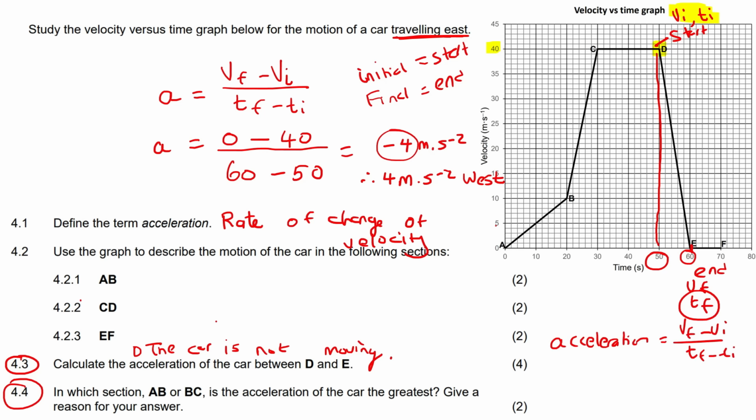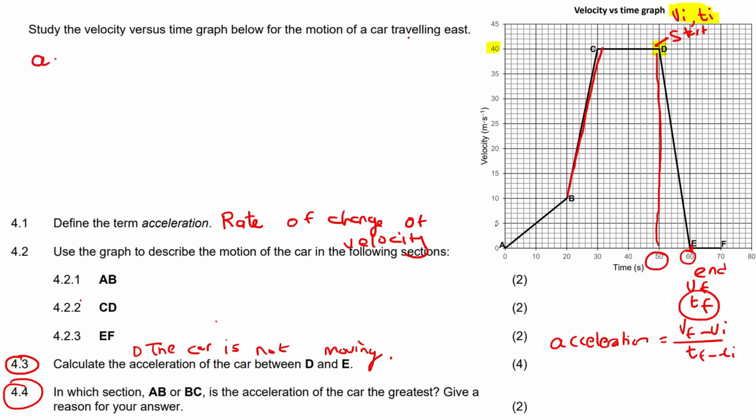Now, for some learners, you might also understand that acceleration is the gradient of the velocity-time graph. So immediately you would know that the answer is BC because it's got the steepest gradient. If acceleration is the gradient, then this part here would have the greatest acceleration. But let's prove that now using calculations.